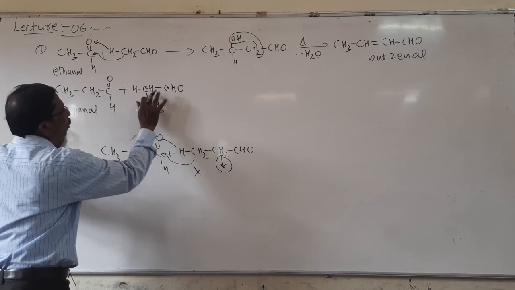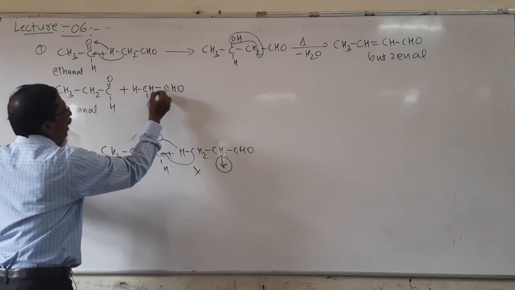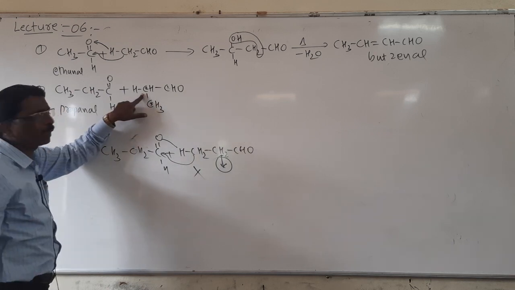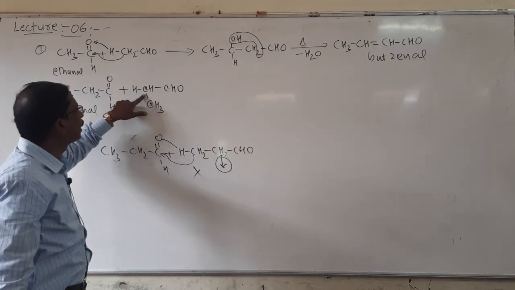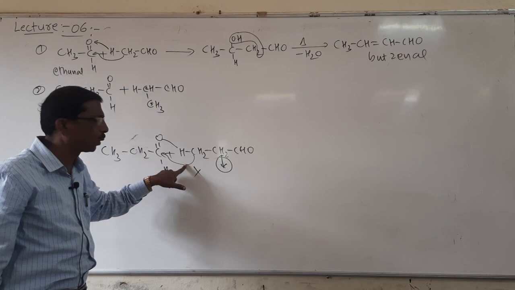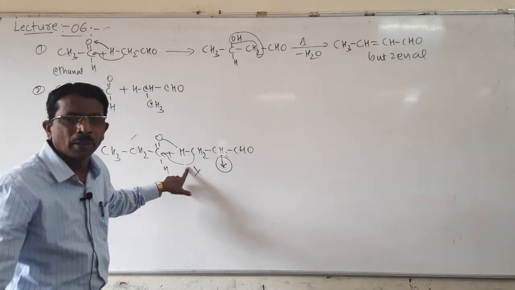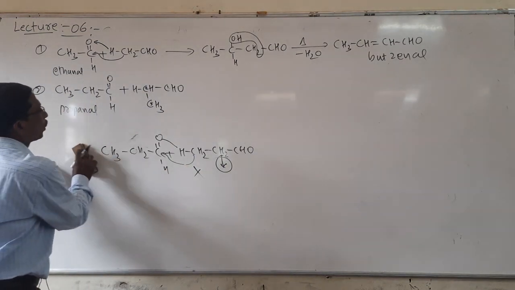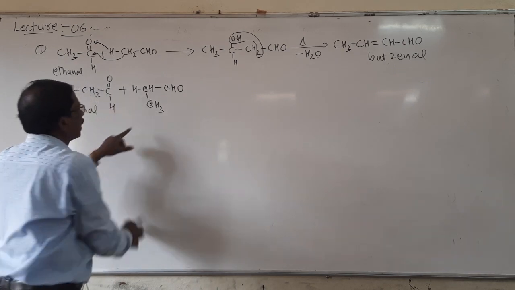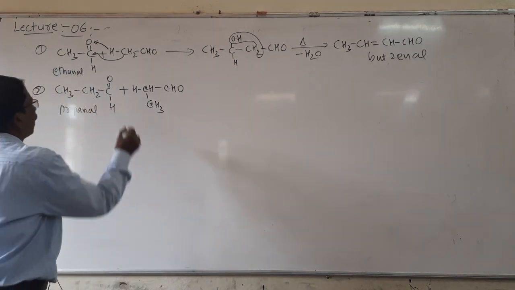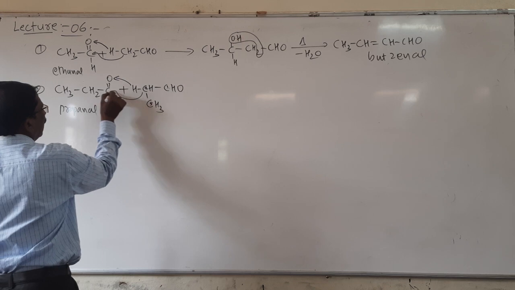The secondary carbon's hydrogen is more reactive as compared to the primary. Is that clear, students? Due to this reason, this second propanol is written like this. It is also propanol, so here it attacks.